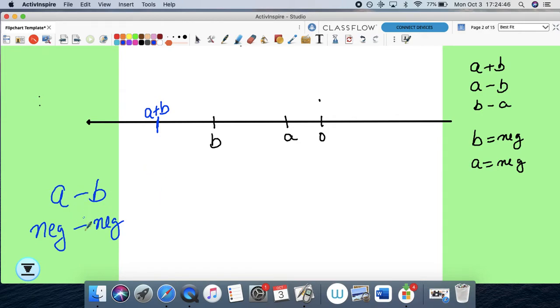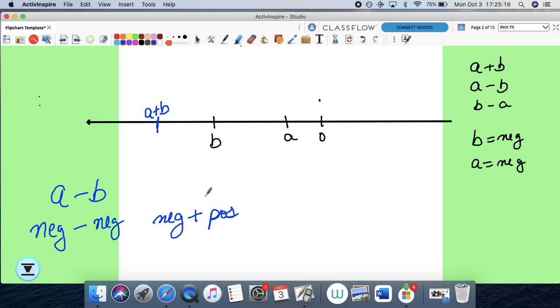But now we have a negative minus a negative. If you want to change that to an addition problem, some of you might, that subtraction problem is the same as adding the additive inverse of the second addend. So if the second addend is a negative, its additive inverse is going to be positive.